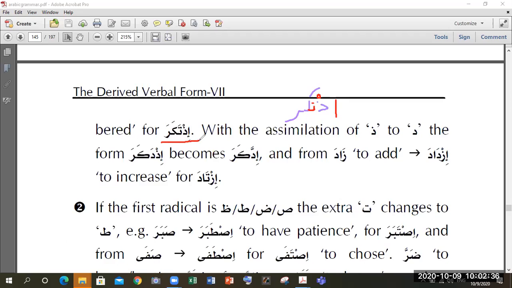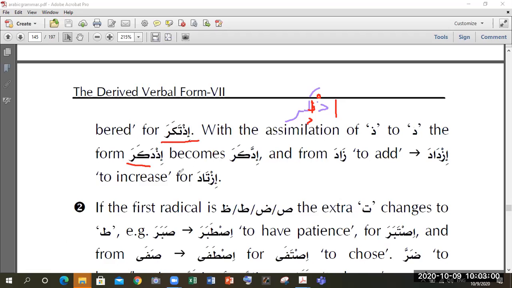To make it easy, this dal is there, so we will change this ta into a dal. Instead of istakara, it becomes iddakara.